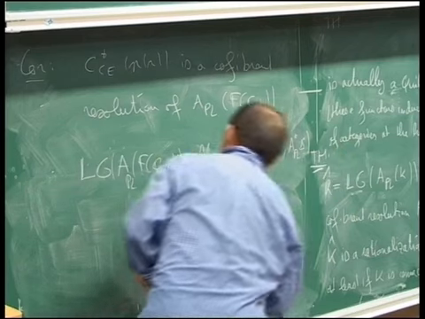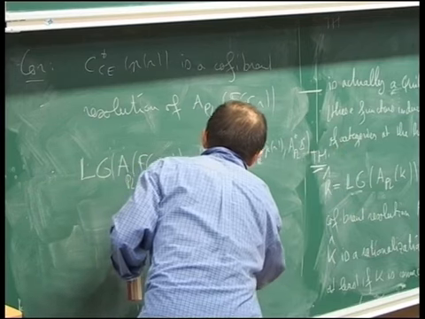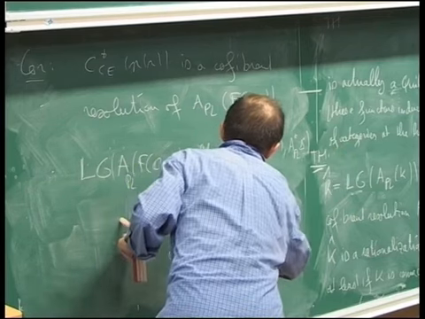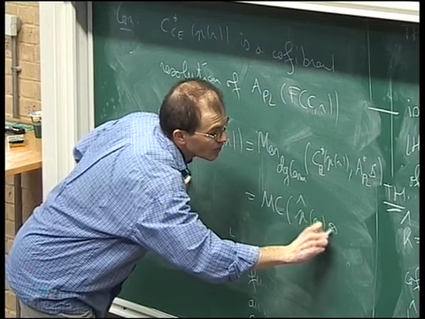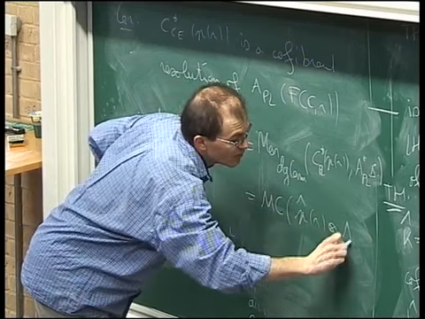What you get are the elements satisfying the Maurer-Cartan equation in PR, completed tensor product with this commutative algebra.